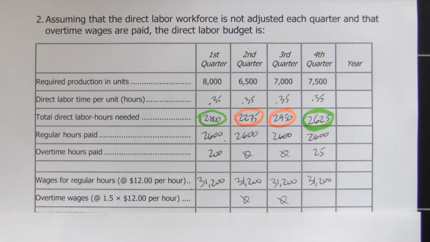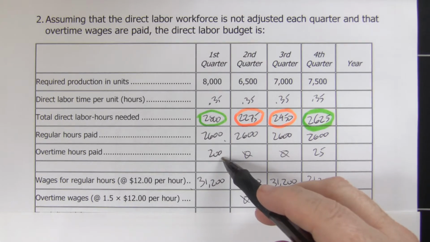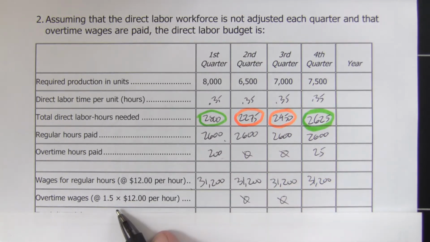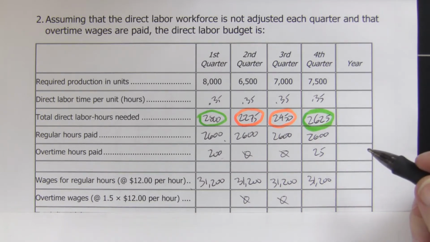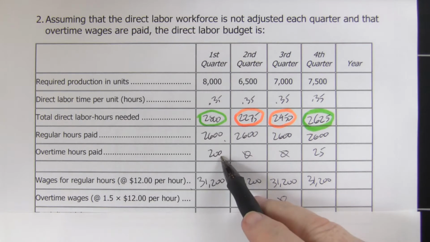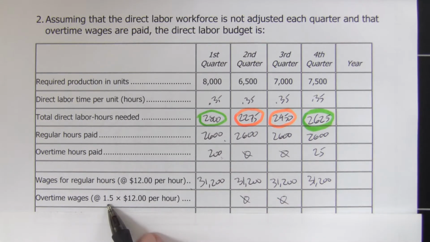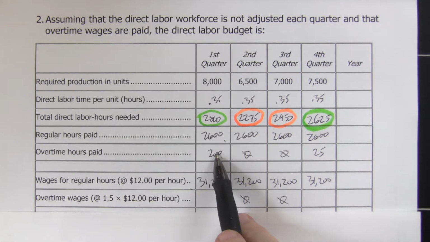We're talking about working people who need to be able to feed families and pay mortgages and things like that. Now, we have some overtime wages at 1.5 times the regular rate. So, we have 200 hours times 1.5 times $12. The other way you can do that is take 1.5 times $12, that's 18, and multiply by 200.